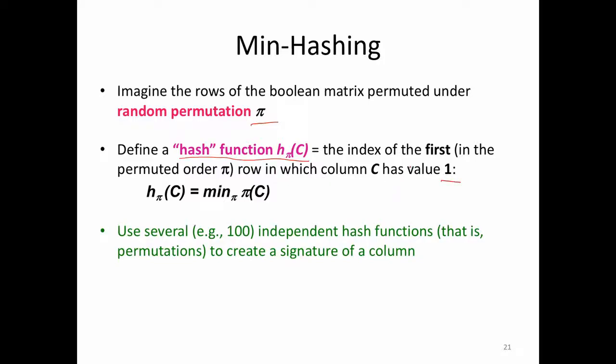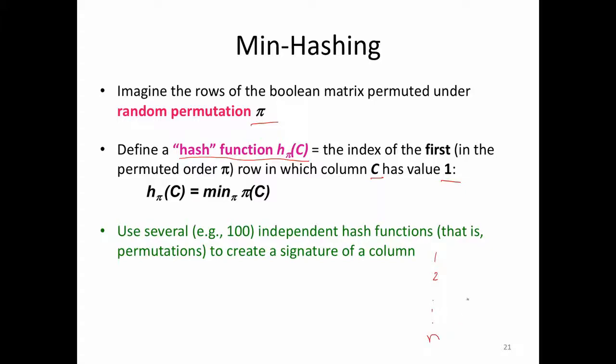So for every column, we will see examples, but you can understand it this way. You have some original set of indices starting from 1 to, let's say, n, whatever is the number of shingles.